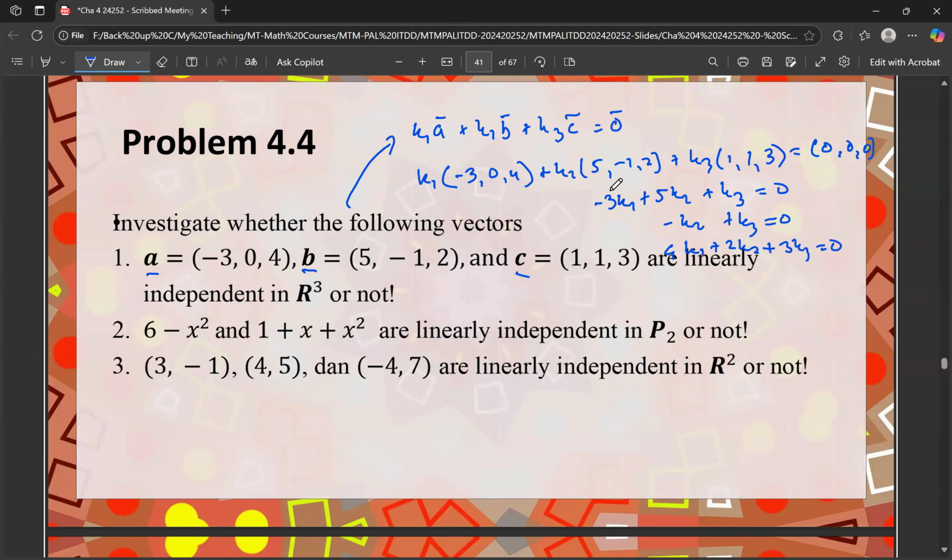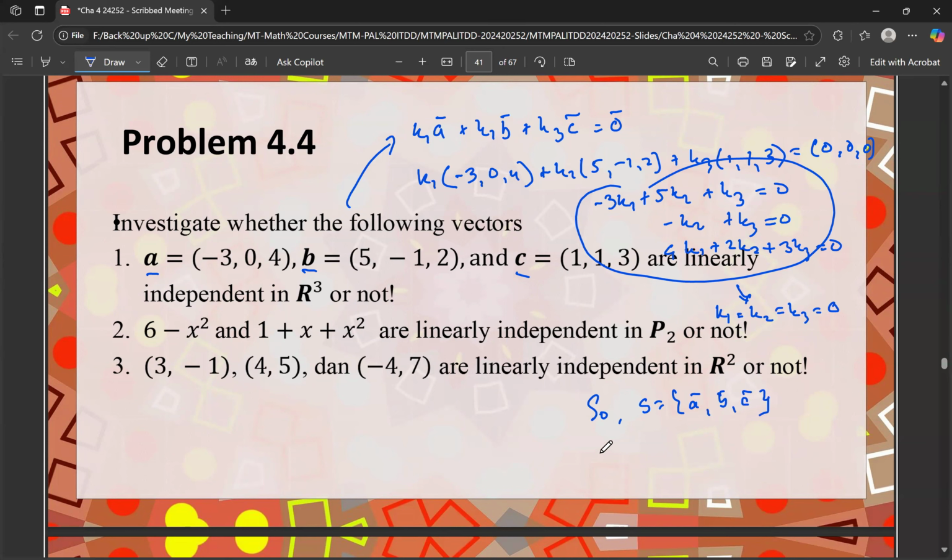So you can find the solution. The solution, I think, is K1, K2, and K3 are all equal to 0. So the set A, B, and C is linearly independent. This is how to prove whether a set of vectors is linearly independent or not.